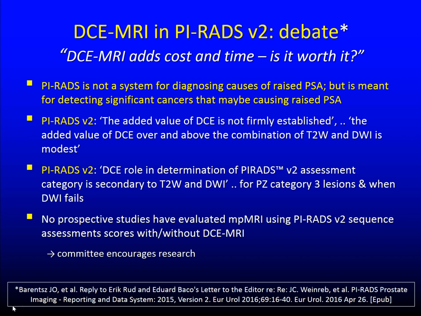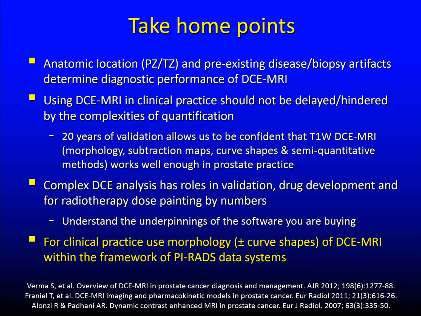And in fact, PI-RADS version 2 specifically states that the added value of DCE above T2 and diffusion imaging is likely to be modest, but we have noted that there are no prospective trials that have evaluated multiparametric MRI using the PI-RADS 2 scheme with and without DCE MRI. So it's difficult at this stage to kick DCE out from the PI-RADS 2 guidance, and we await research in this area.